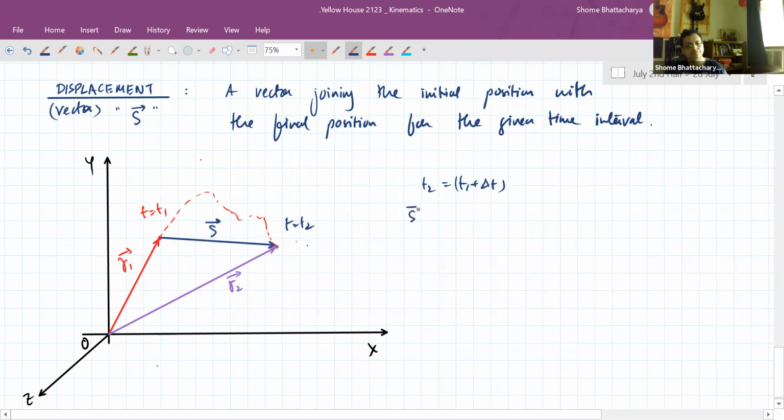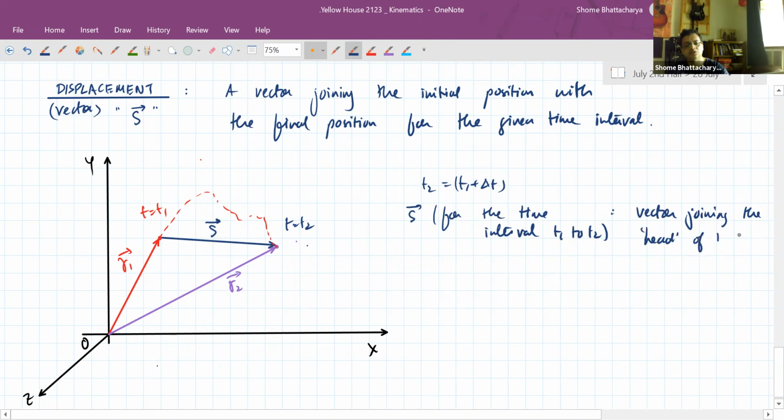So S for the time interval t1 to t2 is the vector joining the head of the initial position r1 to the head of r2.